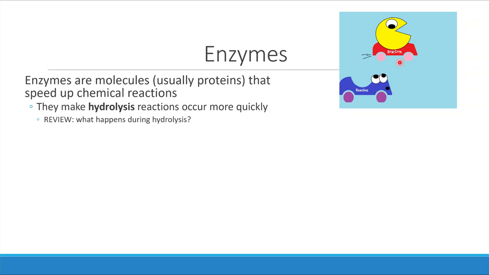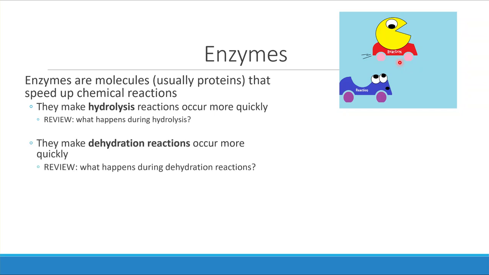Enzymes are great at doing that. But enzymes are also helpful when we're doing dehydration reactions. Dehydration reactions are when we pull together two monomers to build a polymer, and in this particular kind of reaction, remember that we're pulling out water to make that happen.